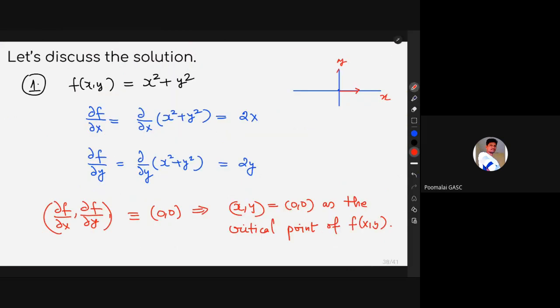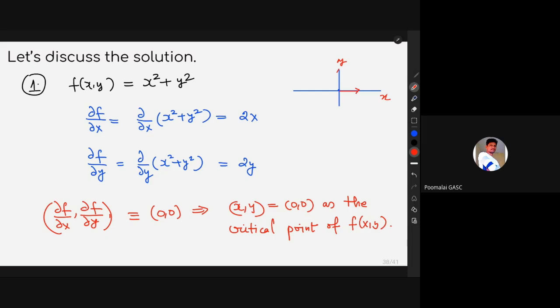Okay, now if I try to look at it geometrically, the figure near this critical point: if you just consider the points on the x axis, in that case it will be just an x square graph.